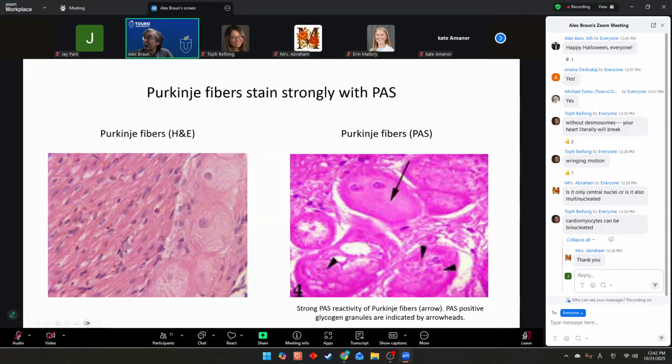So here you see magenta staining of the Purkinje fibers, and magenta staining even in a granular pattern like right here, which would be fairly characteristic of glycogen, okay? So the arrowheads are showing you granular glycogen staining, and the arrow just shows you overall magenta staining of Purkinje fibers.